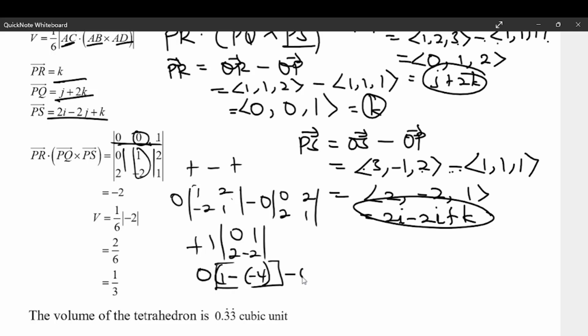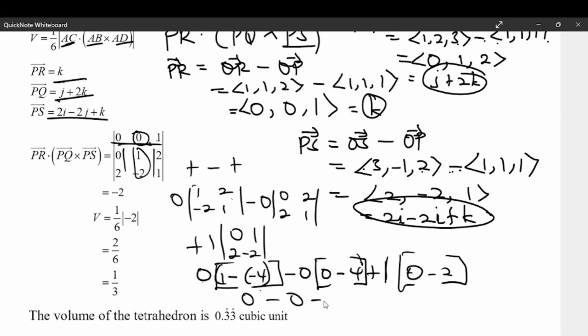Then we have the bracket 0 times 1, which is 0, minus 2 times 2, which is 4, plus 1, 0 times negative 2, which is 0, minus 2 times 1, which is 2. So we are going to have 0 times the whole of it will give us 0, and then this one will give us negative 2. So the final result gives us negative 2.